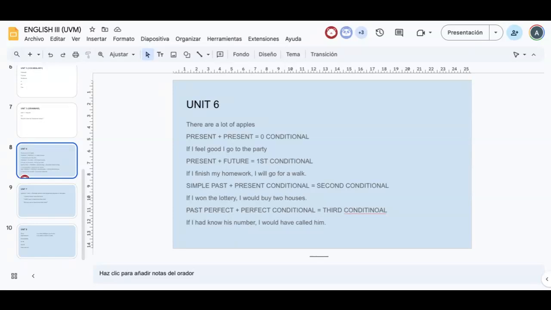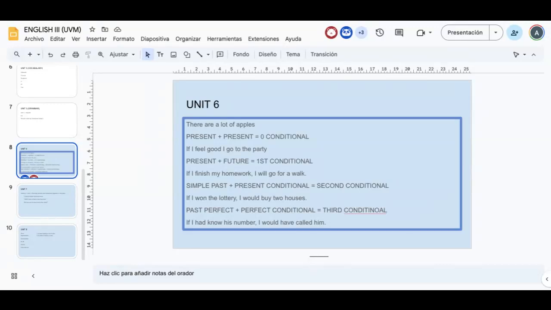Okay, that's why the third conditional is the most unreal of the conditionals, because they refer to the past, but past cannot change. The second conditional, it is unlikely to happen that I win the lottery, but there is a chance. Okay, probably a very little chance, but there is a chance.